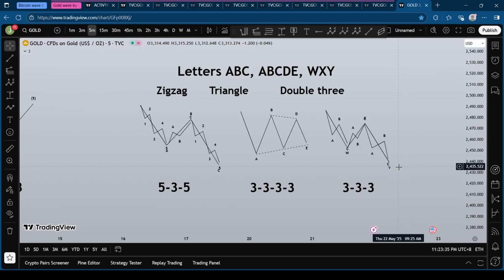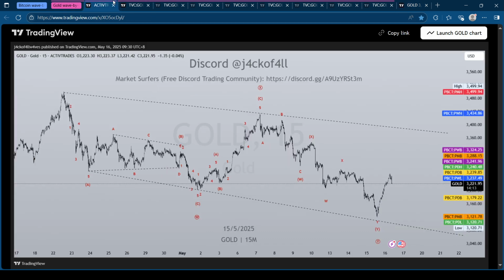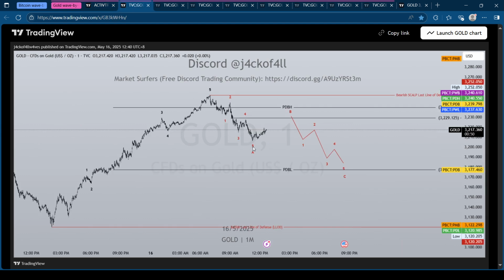Initially, since the first downtrend is 5 waves, my first initial type of correction will be a zigzag. Now, let's see what happened after.